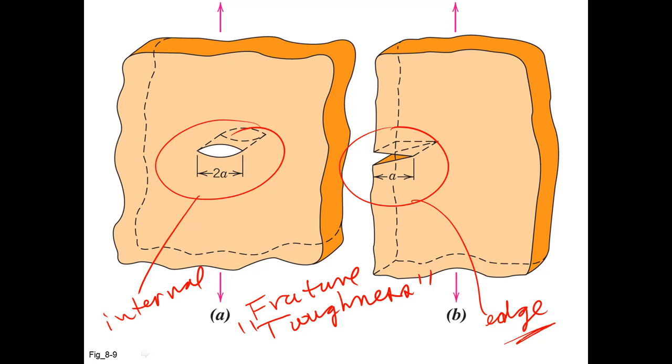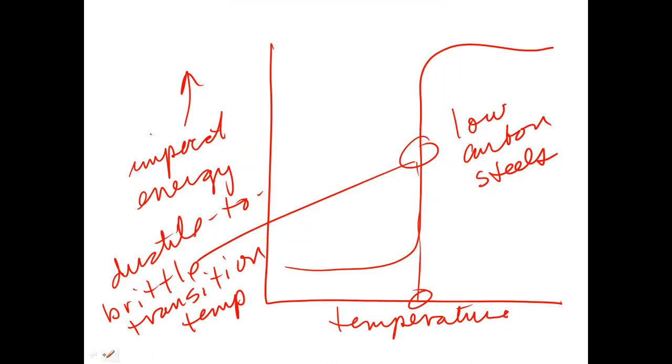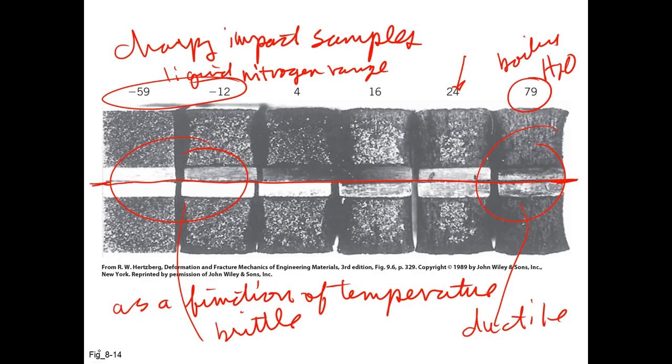And so when I return on Monday, we'll start looking at fracture toughness testing, where we'll load the sample in tension as we've done before, but we'll see the effect of both the edge as well as the internal cracks. So just to review a little bit, identify these quiz questions. Quiz question 2 involves the ductile to brittle transition temperature.